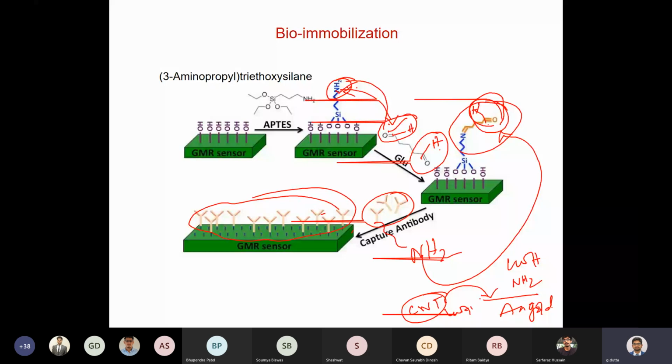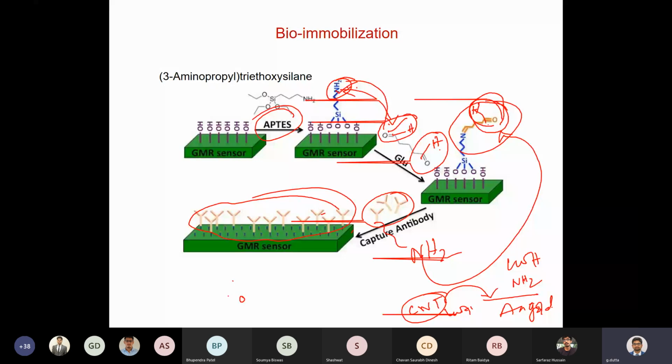Although it is expensive, on the sensor, don't think about the price of the chemical. Always. Why? In the sensor, generally we are using a very small volume of the chemical. Maybe you are buying 1 gram of chemical, suppose it is 1 lakh rupees, right? So you can say it is very expensive, 1 gram, 1 lakh.